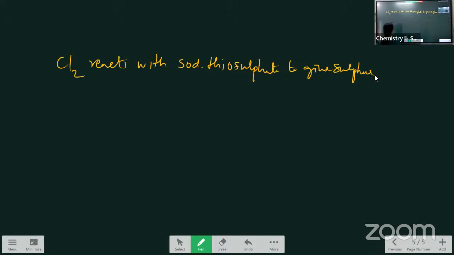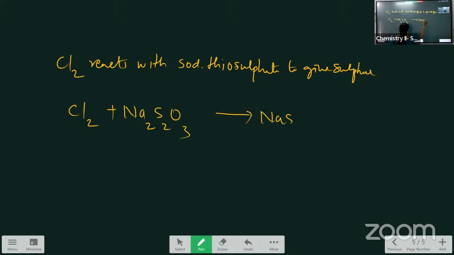Okay, Cl2 reacts with sodium thiosulfate to give sulfur. Cl2 plus Na2S2O3 gives rise to sodium sulfate Na2SO4 plus HCl plus sulfur.